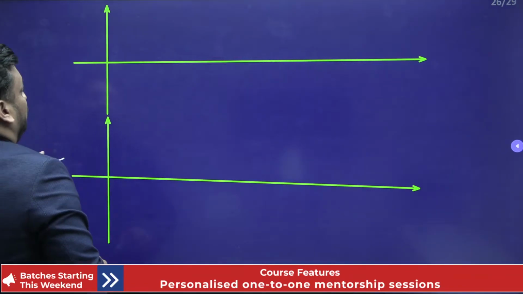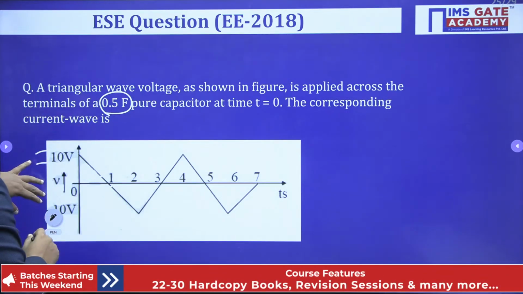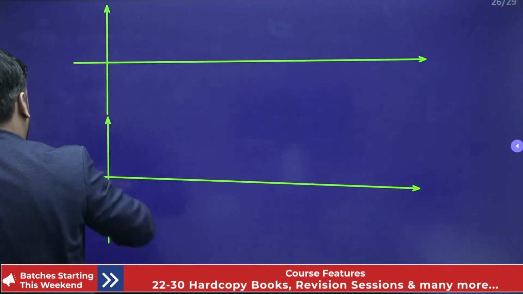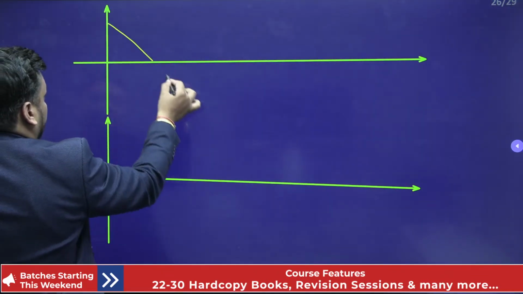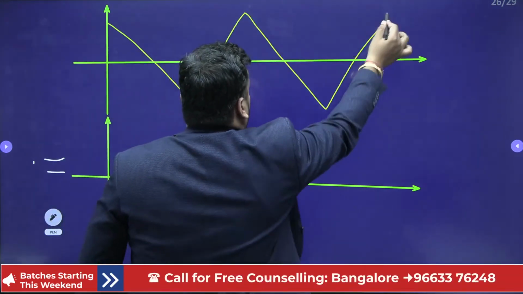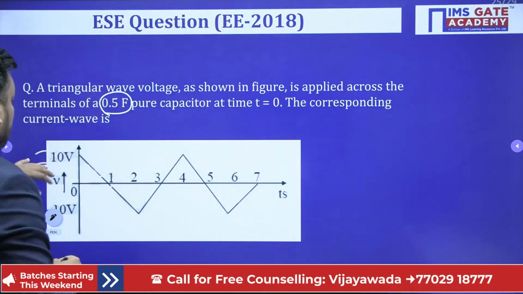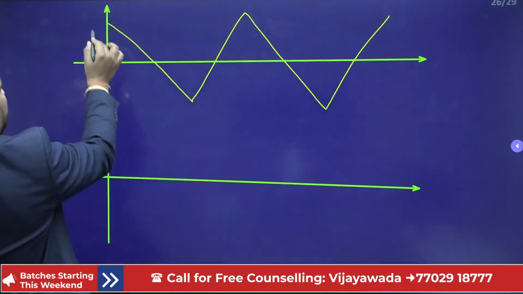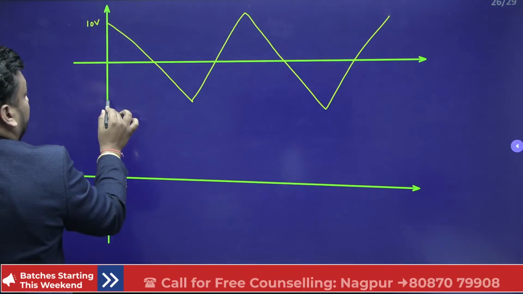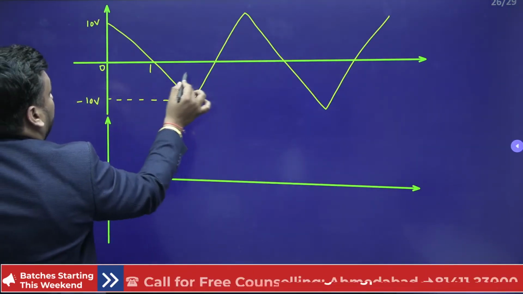However, by using the short trick you can easily solve this. So minus 10 volt to plus 10 volt and 0, 1, 2 here. So you should make a curve like this. Like this we have a triangular waveform. So actually it is 0, 1, 2. This is 10 volt. This is also minus 10 volt. This is 0. This is 1. This is 2.